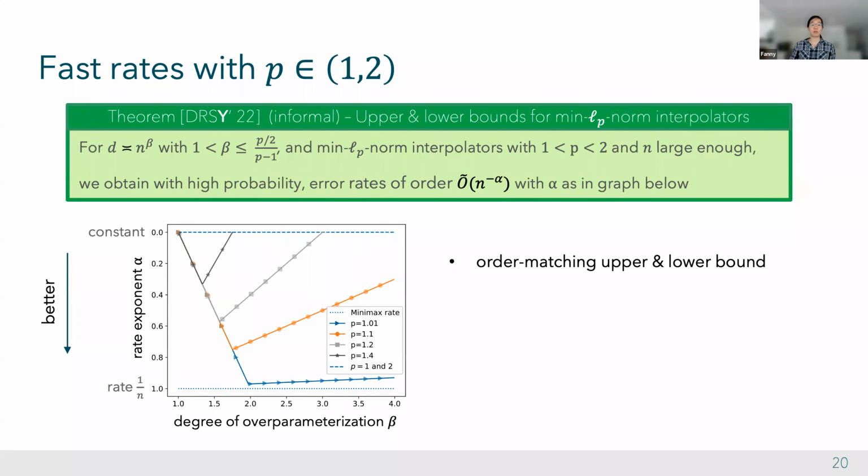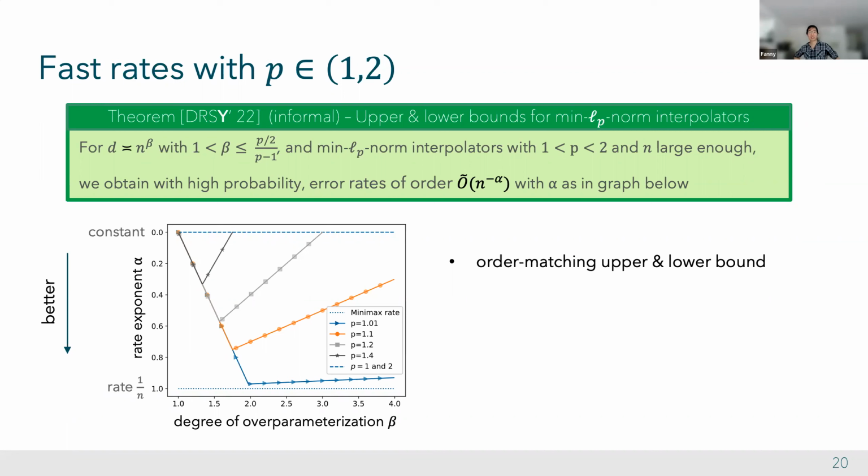The rate 1 over n, which is α equal to 1, is the minimax rate that we can achieve with the lasso. As we go down, the rate becomes better. Previously, we had this huge gap between the constant rate up to log factors and the regularized rate. Now with p between 1 and 2, we're filling this space.